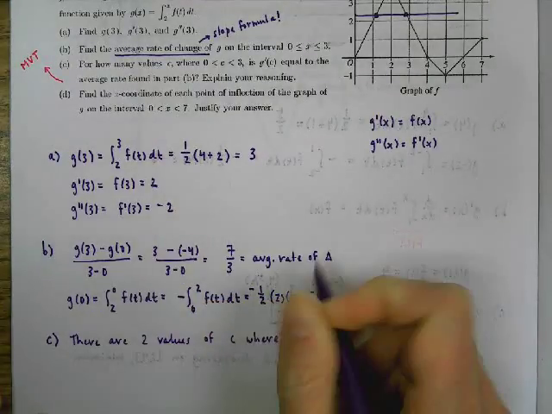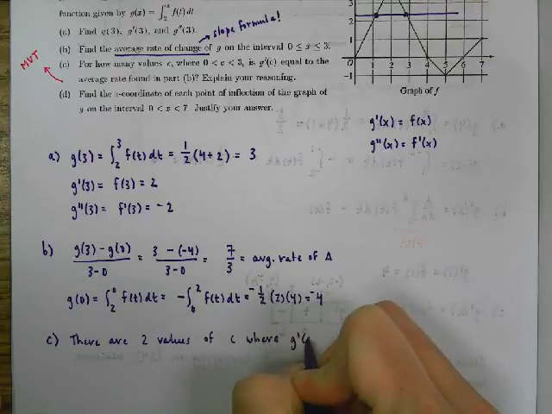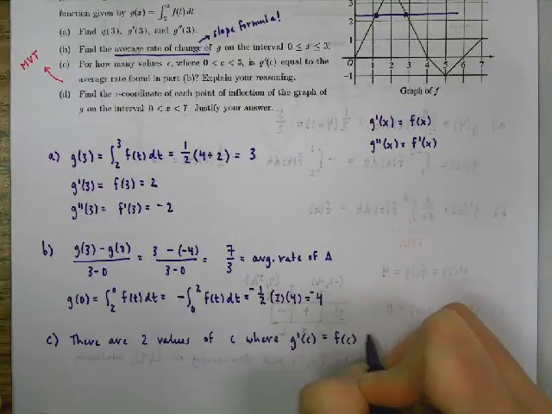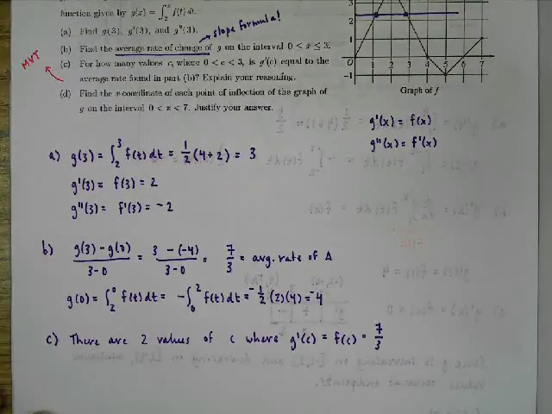where G prime of C, which is really equal to f of C, is equal to 7/3.